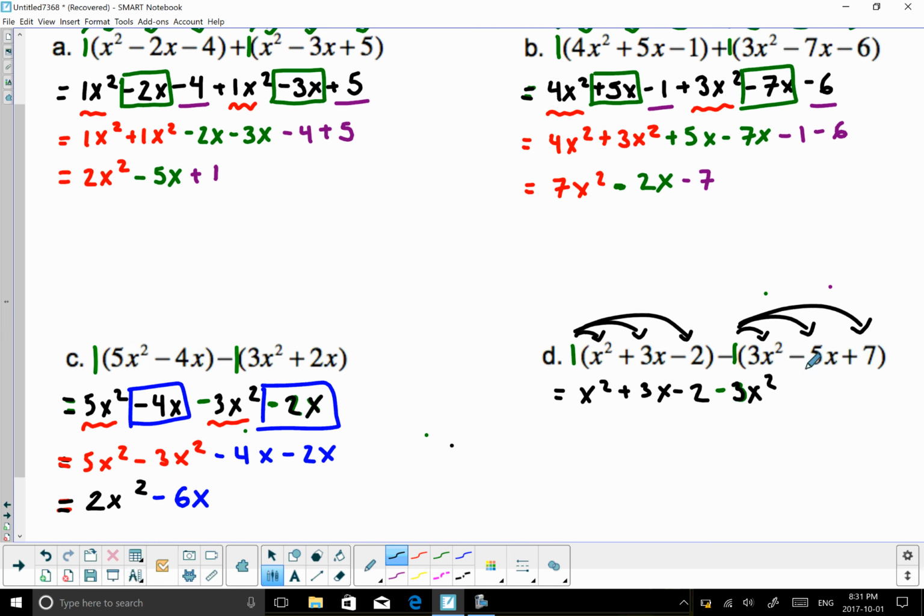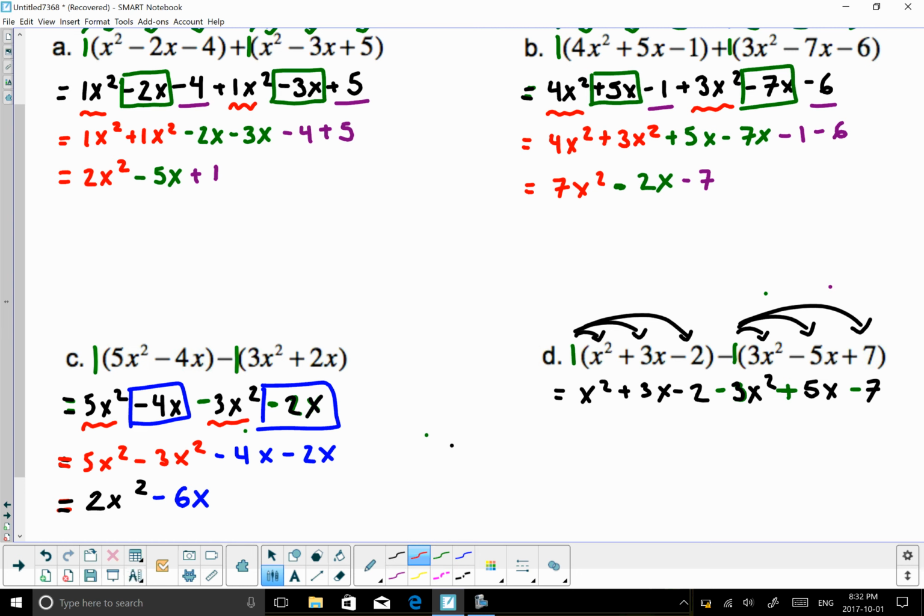Here this is negative 1 times negative 5. So different signs. I mean, they're the same sign. So the negative 1 times the negative 5 becomes now a positive. So notice the signs are changing because there's a negative 1 out here. And then negative 1 times 7 is negative 7.